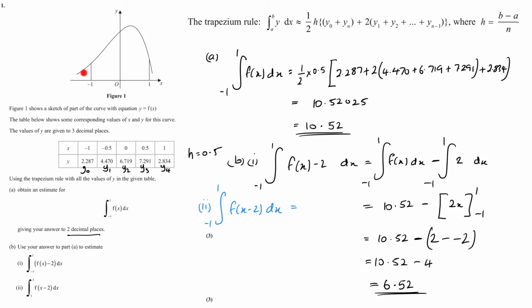Everything is just going to be moved 2 to the right. So instead of minus 1, it'll sit at 1, and this one will sit at 3, but that whole shape is moved to the right. So this doesn't change. So this is just 10.52. And I think you could just state that, you could say same as A, or doesn't change, or something like that. But yeah, it stays the same.